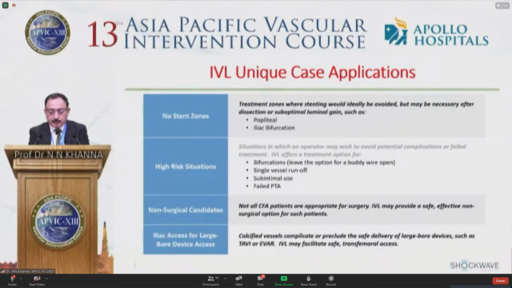It could be used in high-risk situations like bifurcation, where the runoff is only a single vessel, even when we are doing a subintimal angioplasty, it has proved to be very good, and in failed peripheral angioplasty. Now, for patients who are not appropriate for surgery, IVL may provide a safe, effective, non-surgical option to facilitate angioplasty.